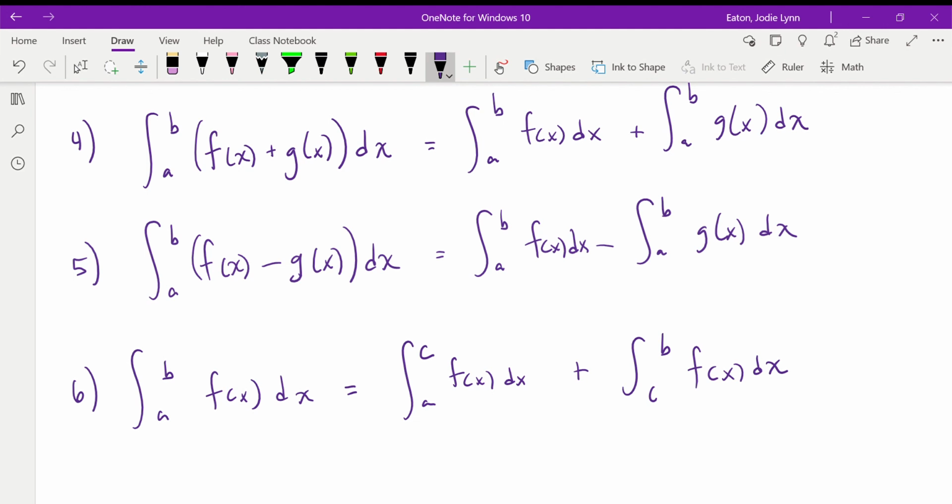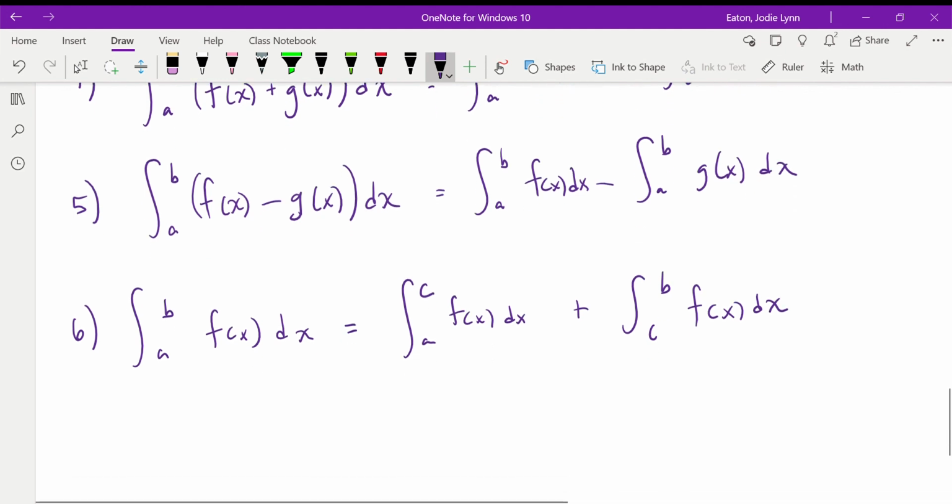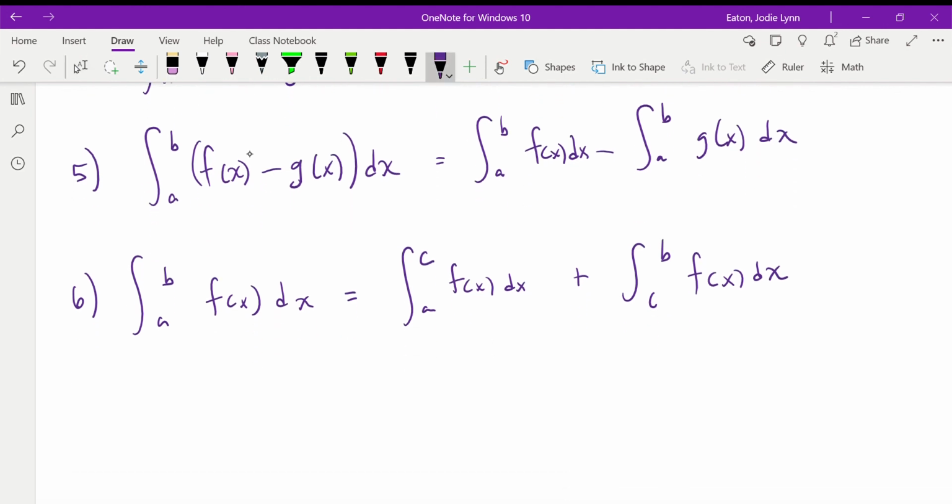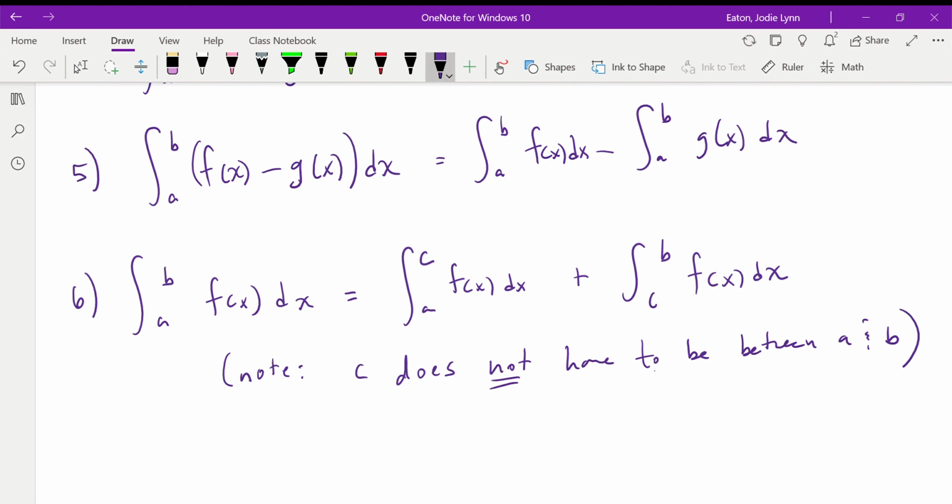You can integrate in pieces, and even cooler, c doesn't actually have to be in between a and b. So you can integrate to one far point and then integrate back, and that will still give you the same, and that's kind of a combination of some of the rules above. So c doesn't have to be in the middle.